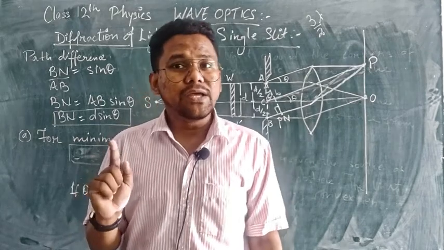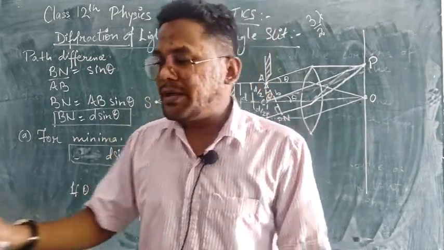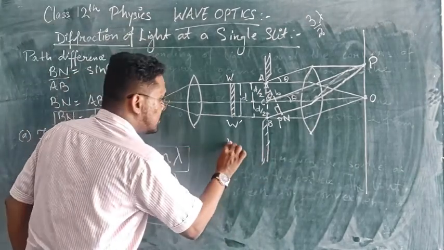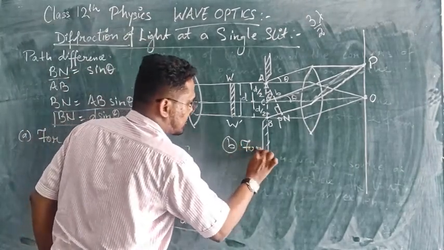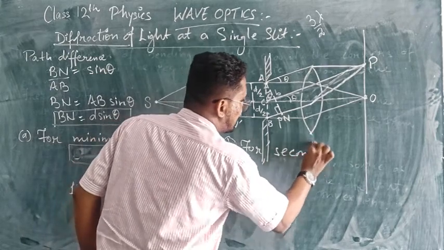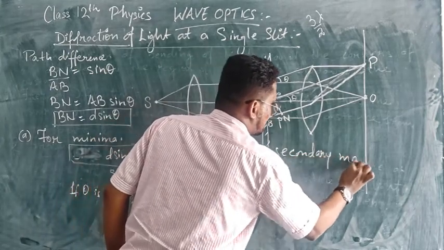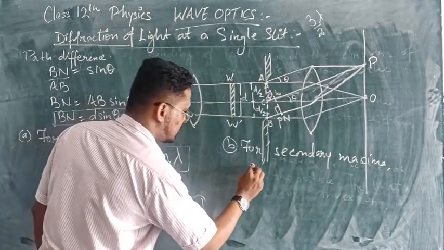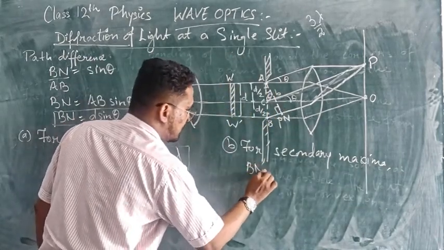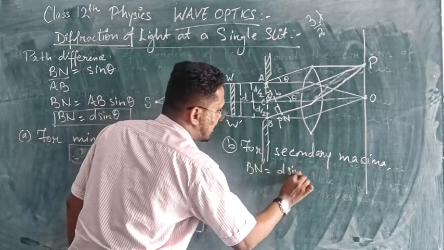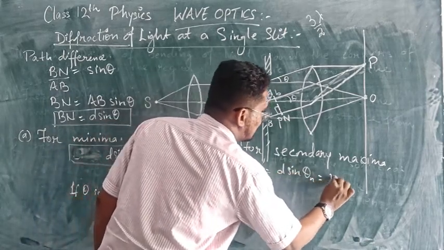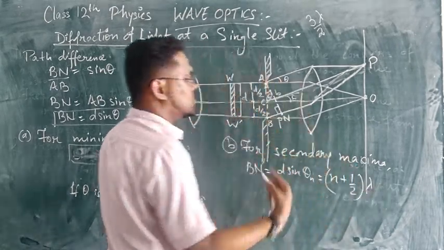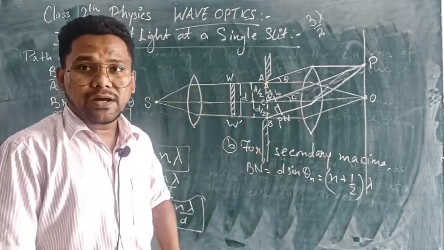So the path difference should be an odd multiple of lambda by 2. For secondary maxima, the path difference, which is equal to d sin theta n, is equal to an odd multiple of lambda by 2, that is (n plus half) lambda.